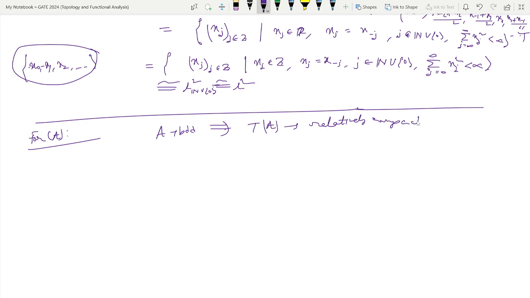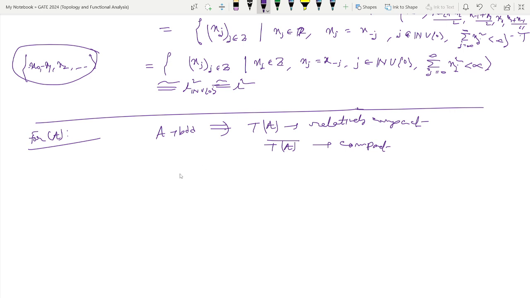Relatively compact means the closure of TA, TA bar, is compact. So if we can show that for any bounded set A in this L2Z, TA closure is compact in L2Z, then it will be proved that T is compact.